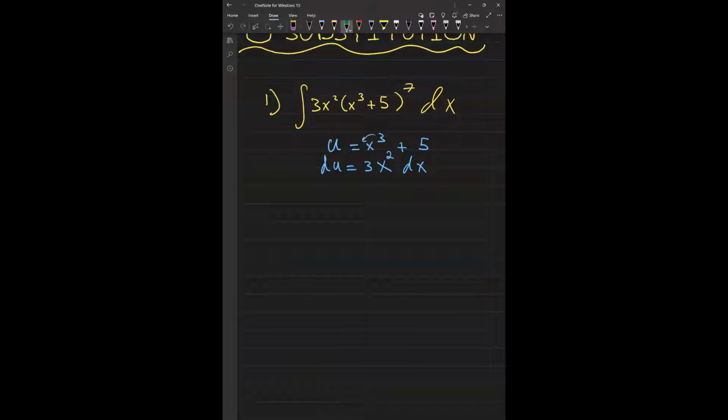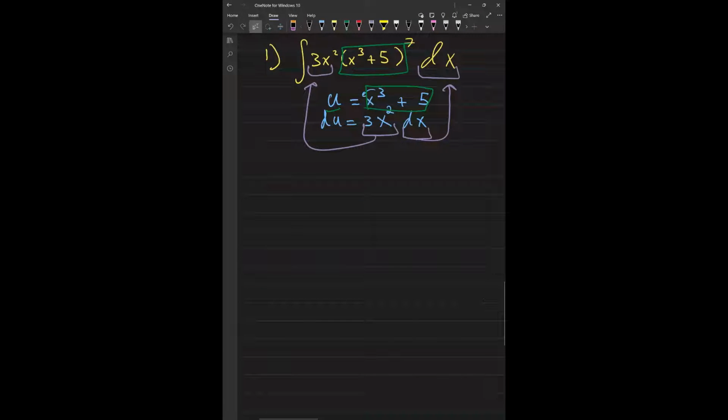Well, we have u in here, so we have this part covered. Do we have this part covered too? Well, we actually do. We have this, which is the same as this, and we have this. So we have it all covered. We're good.